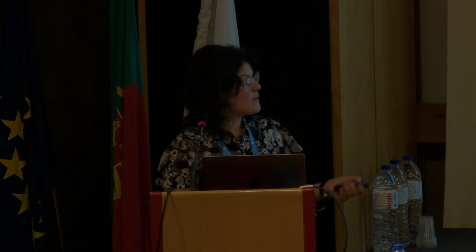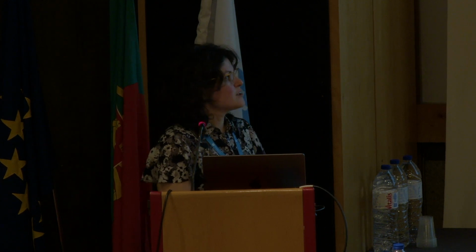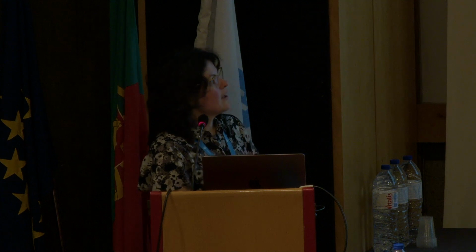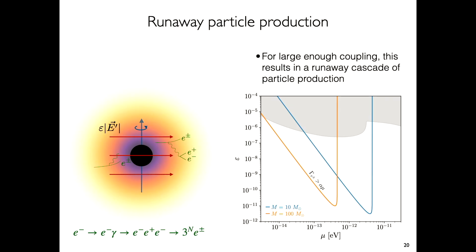So where does this happen? If you look in the epsilon-mass parameter space that I was showing you before, and zoom in on the region of interest where the Compton wavelengths are of order kilometer scale, this runaway production of charged particles happens basically many orders of magnitude below the current constraints on epsilon.